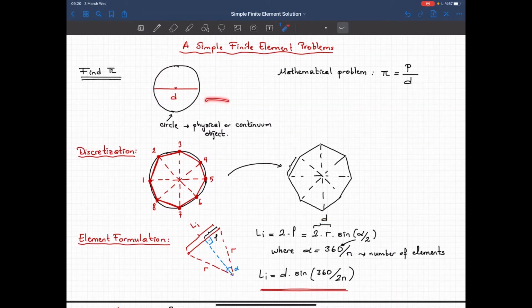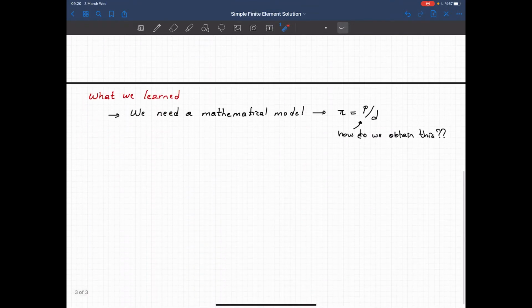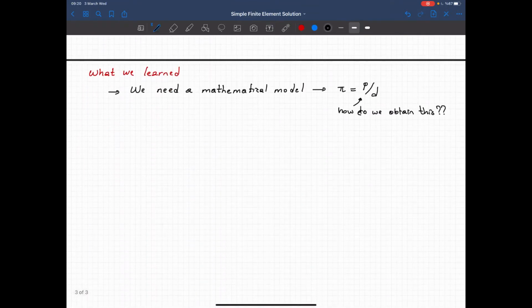We determine the discrete model based on our finite element. So the second question is, how do we discretize the physical system? How do we divide it into simpler objects?